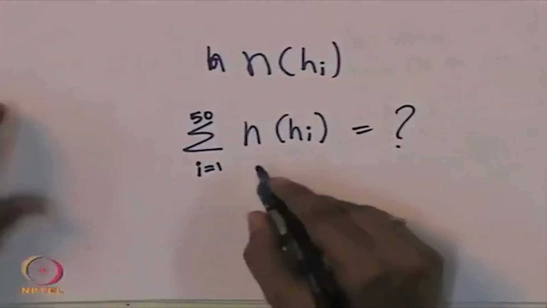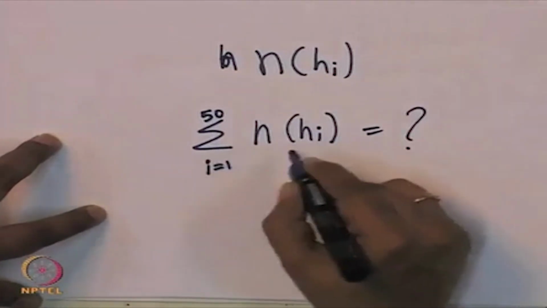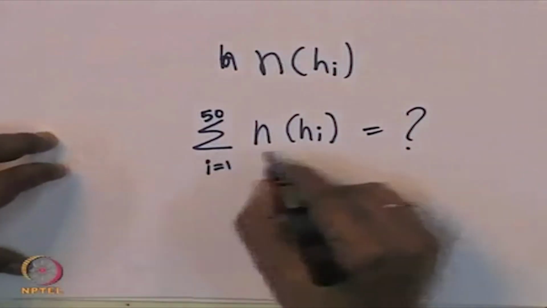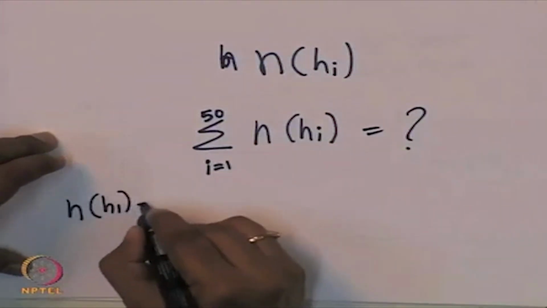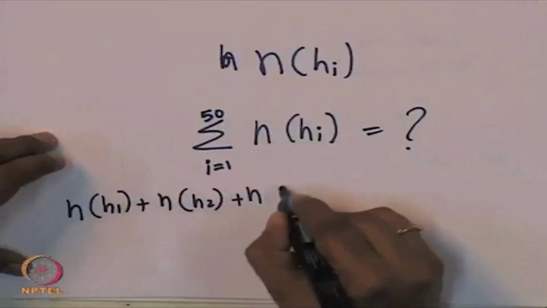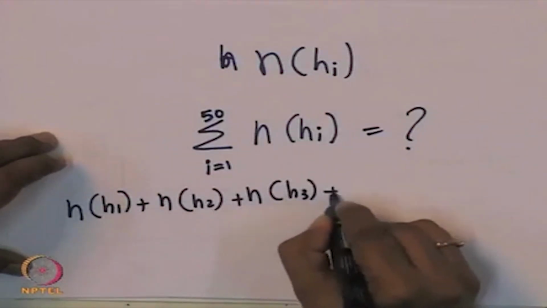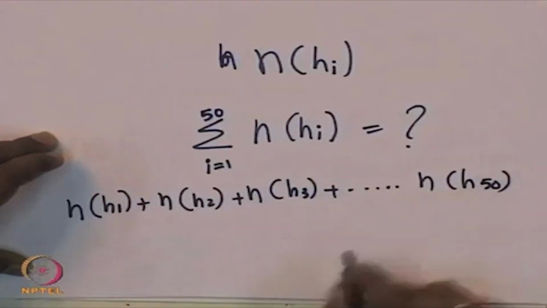So, let us think about it. Let us expand this. When we expand this, it is n of H1 plus n of H2 plus n of H3 plus dot dot dot n of H50.